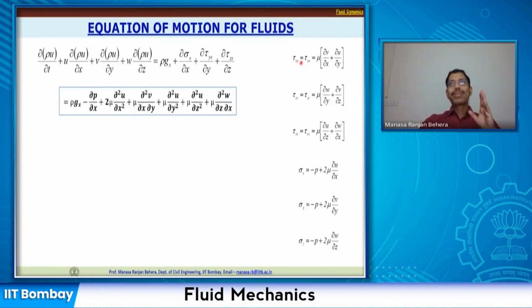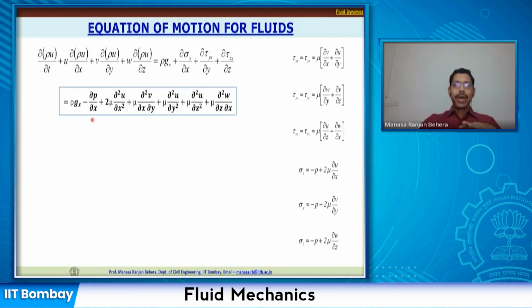What is tau yx or xy? That is mu times dou v by dou x plus dou u by dou y. Now if I substitute and multiply by dou by dou y, I get mu dou square v by dou x dou y plus mu dou square u by dou y square. Now by substituting tau zx, I can write mu dou square u by dou z square plus mu dou square w by dou z dou x. Okay, so this is the modified equation that we have now.